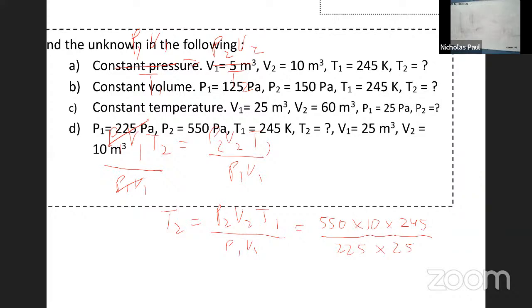They made the volume smaller and they increased the pressure. All right, good. So what did you all get here for T2? I got 240. 239.6 sounds very good. Very, very good.